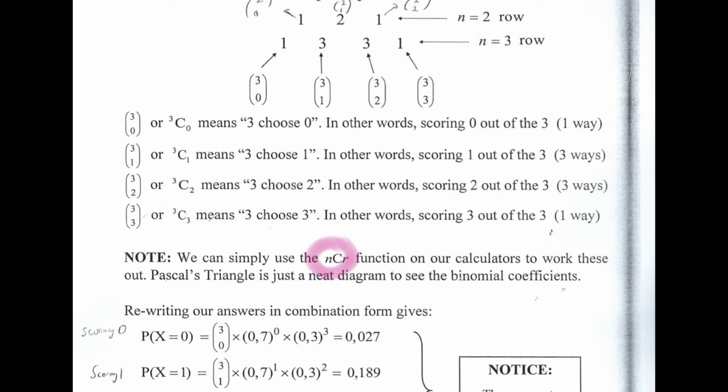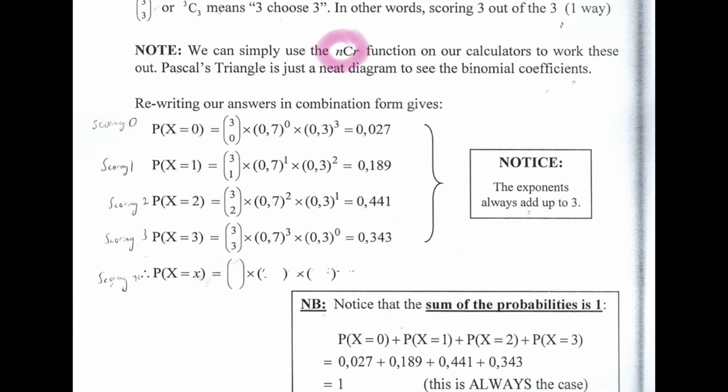Okay, so what we've done here at the bottom is just to rewrite the answers, but in combination form. This part is identical still, but this part is now the combination form. So what's important here is we're going to develop a formula. The probability of her scoring 0 times, have a look. How many trials are there?